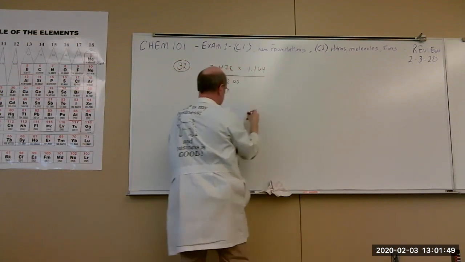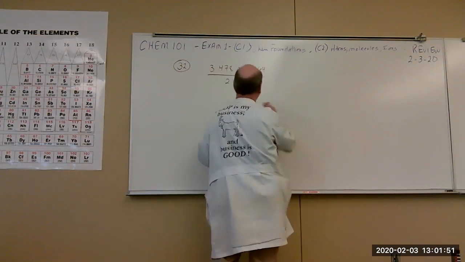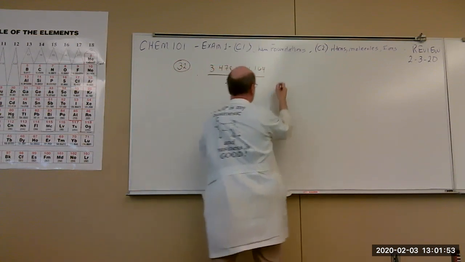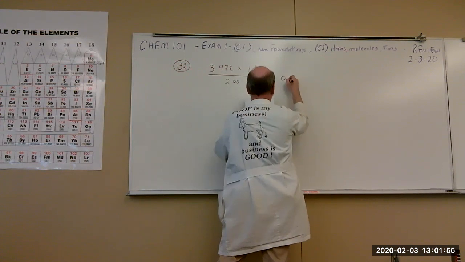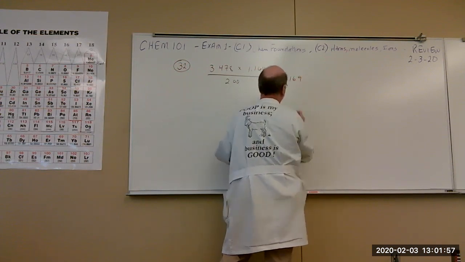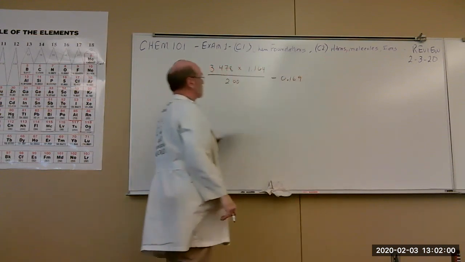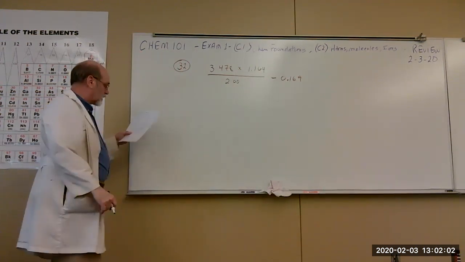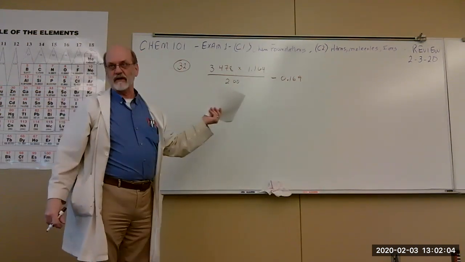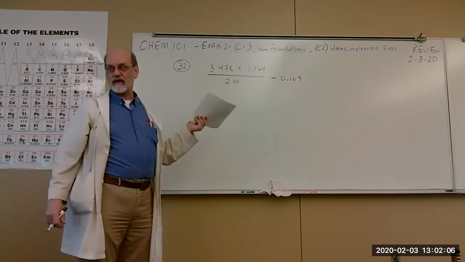I'm leaving out the units of measure because we're focusing on the significant figures. So how do you do that? There are no parentheses in there to tell you how to do the calculation.